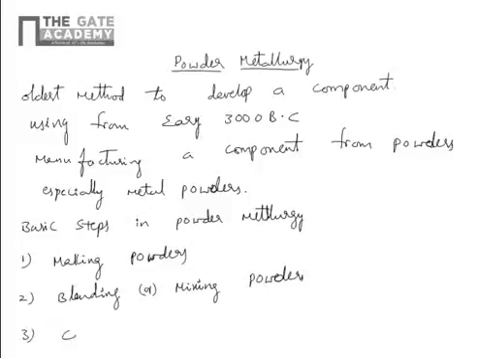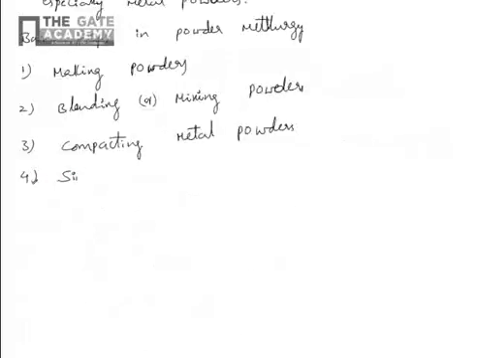Third step is compacting metal powders. Fourth step is sintering. So these are the four steps used to manufacture a component by using powder metallurgy.